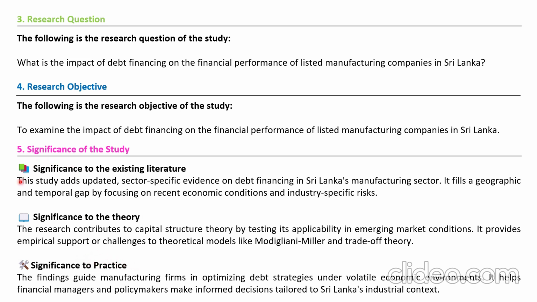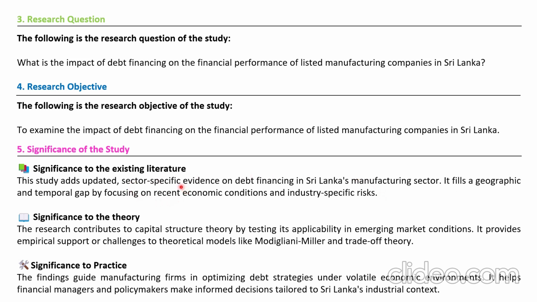So you can see it says this study adds updated sector specific evidence on debt financing in Sri Lankan manufacturing sector. It fills a geographic and temporal gap by focusing on recent economic conditions and industry specific risk.